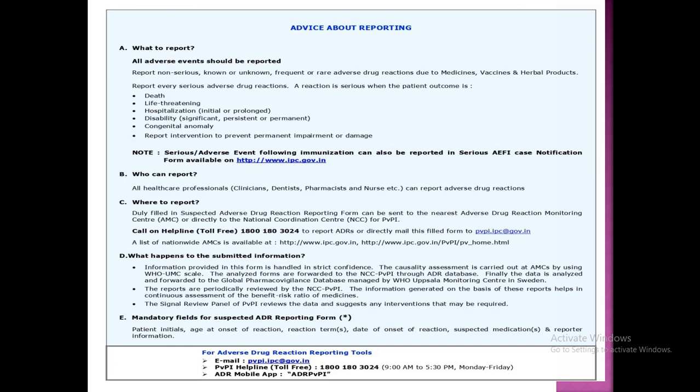Then what to report? All adverse events should be reported. Report non-serious, known or unknown, frequent or rare adverse drug reactions due to medicines, vaccines and herbal products. Report every serious adverse drug reaction.